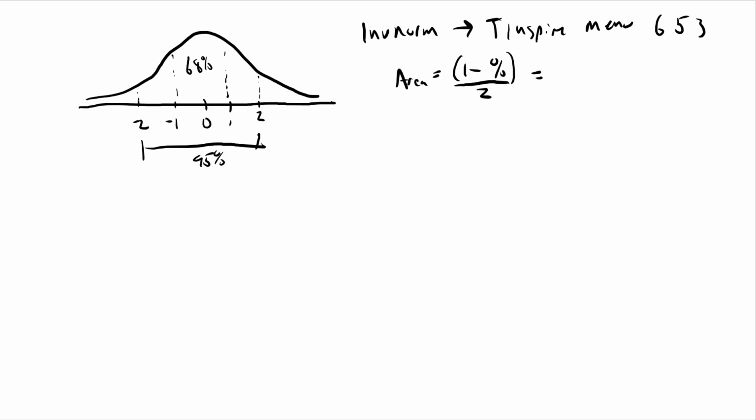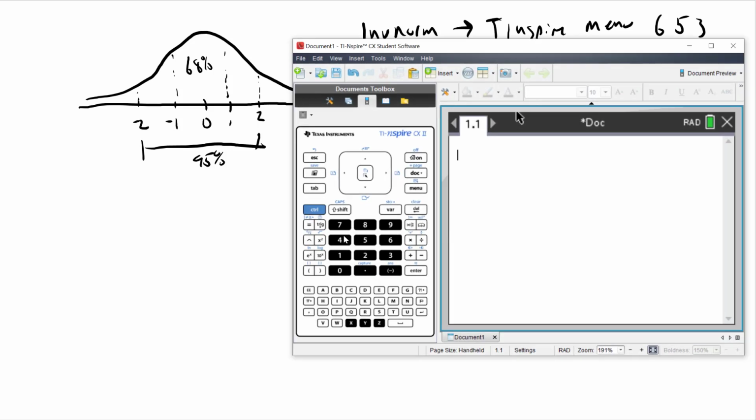So in this case, let's say we're using 95%. So we're going to take 1 minus 0.95 and divide that by 2, right? And so therefore we should get 0.025. Now you technically don't have to do that calculation beforehand on the TI Inspire because it's kind of helpful in the fact that it allows you to put that in there.